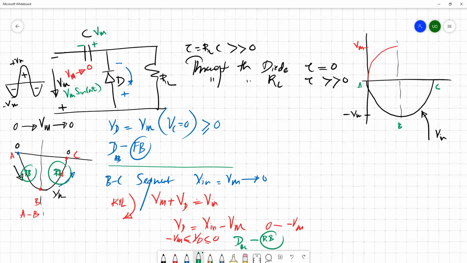So once this diode is reversed, we can simply replace it with an open circuit element, if we assume that it's an ideal diode. For the time being, we'll assume it's an ideal diode.